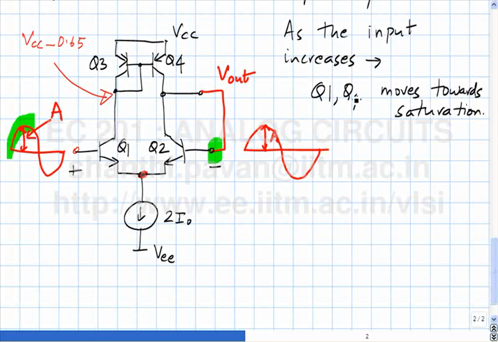Why? Because Q4, please recall, Q4 is a PNP device. So as this potential increases, this potential also increases, which causes the collector of Q4 to start coming closer and closer to the base of Q4. So Q4 is also moving towards saturation. So both these guys are the danger candidates.